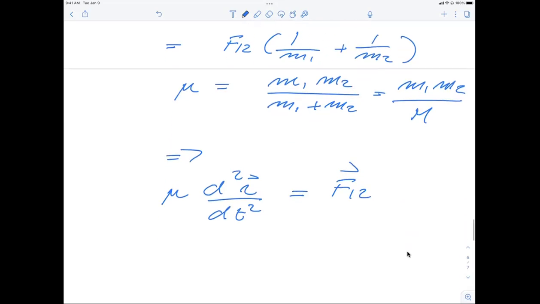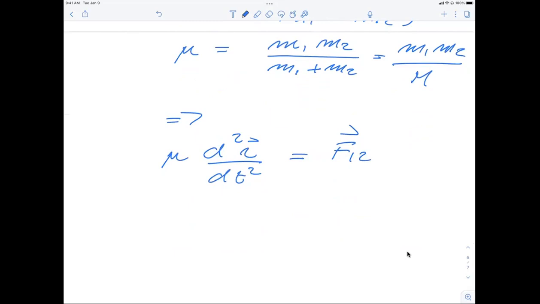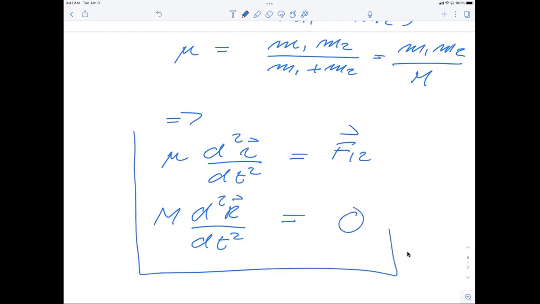So if I want to summarize what we had for the center of mass motion, we found that the second derivative of R with respect to t is equal to 0. And these are the equations which we now need to solve.